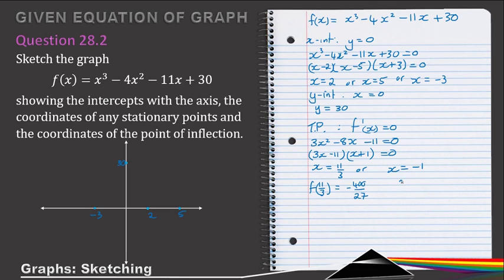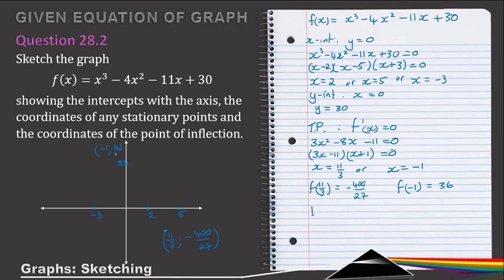And on this side, if I substitute in negative 1, I get 36. Okay, now once again, we can plot those coordinates. Here we have negative 1 and 36. And over here, we have 11 over 3 and negative 400 over 27. Okay, so those are in.